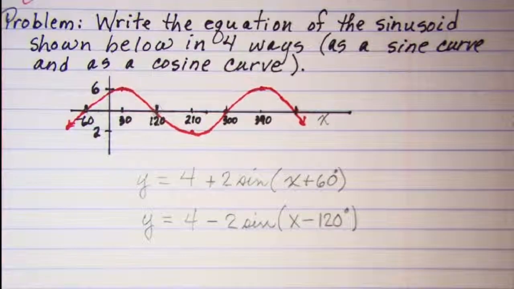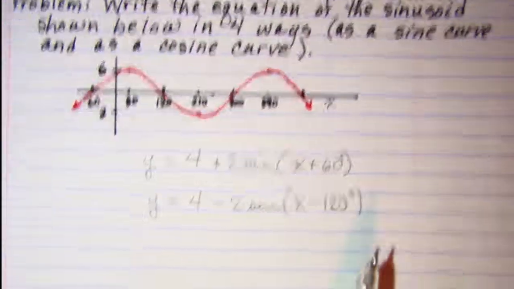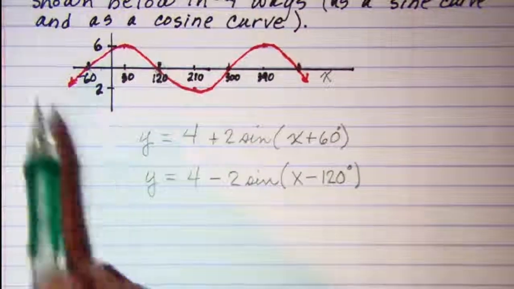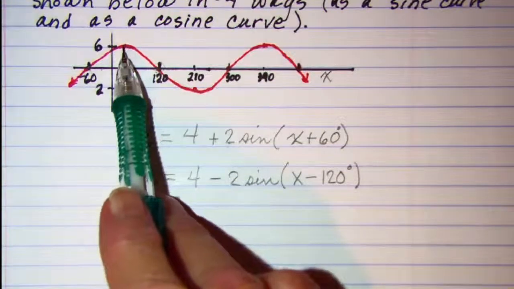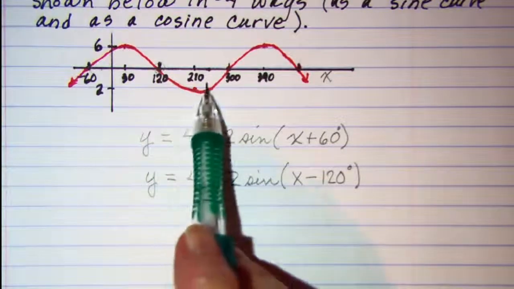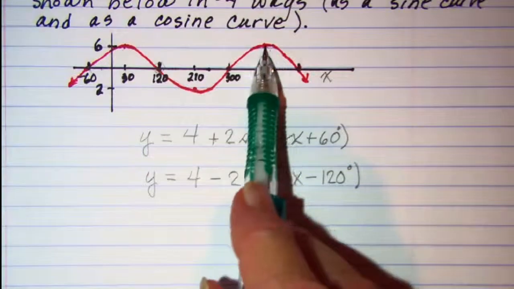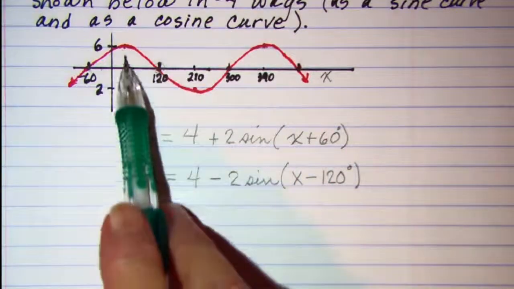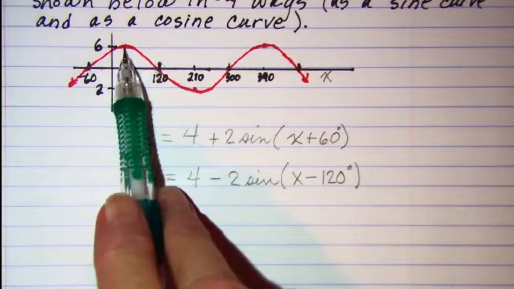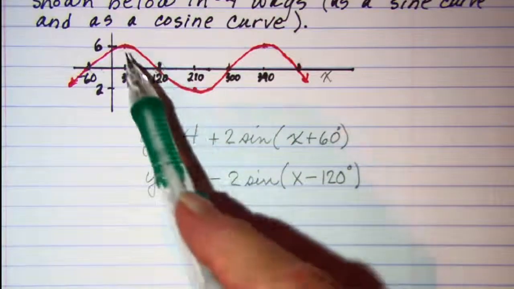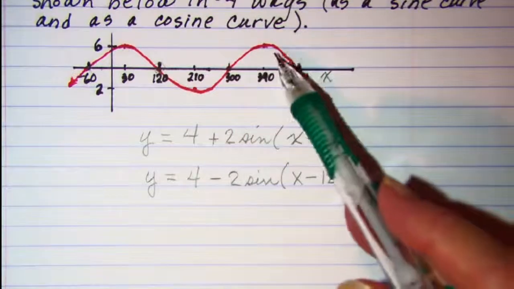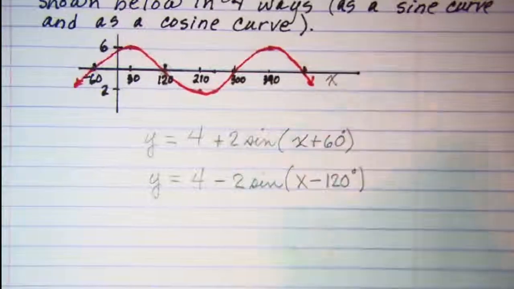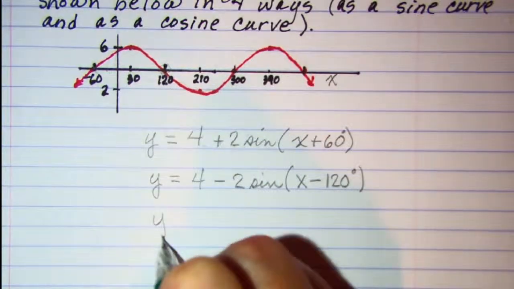Now if we looked at this as a cosine curve, remember, a cosine curve starts at the maximum and heads down and then ends the period at the maximum. So this one starts at 30 degrees and then ends the period at 390. So that would be a positive cosine curve.